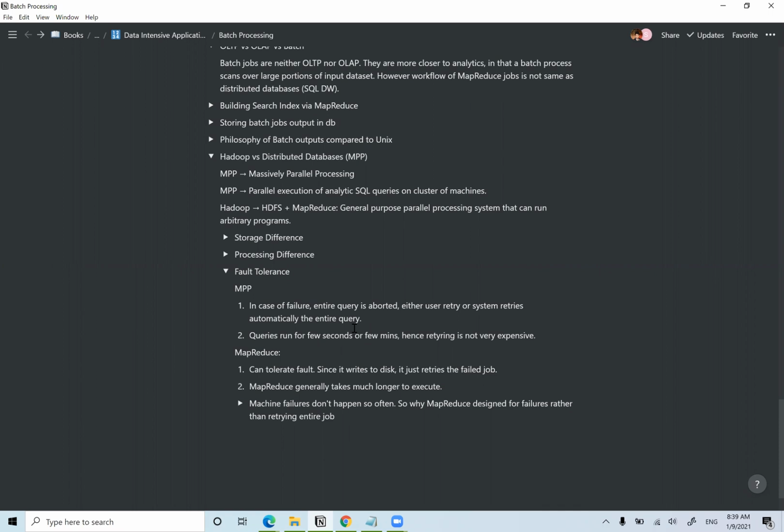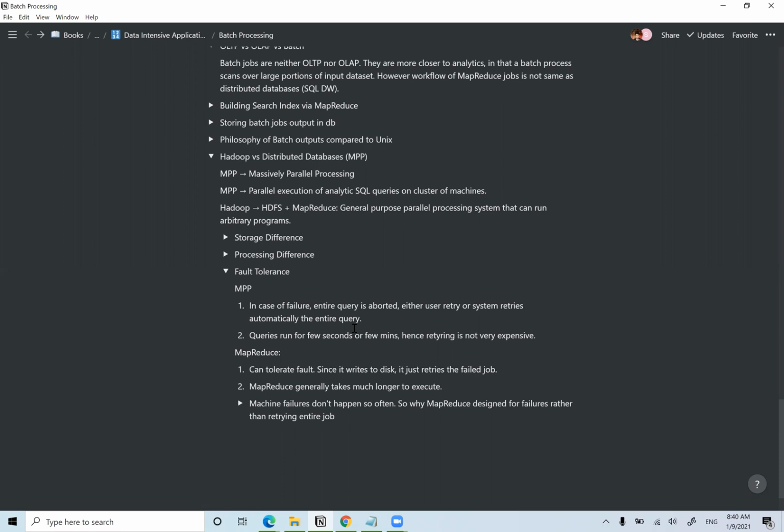And retrying is actually not a big problem because MPP queries tend to run for a few seconds or a few minutes, so it's not very expensive compared to MapReduce kind of systems where your queries would be running for hours.